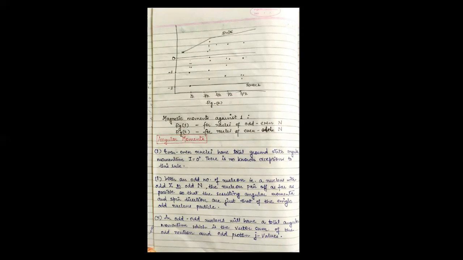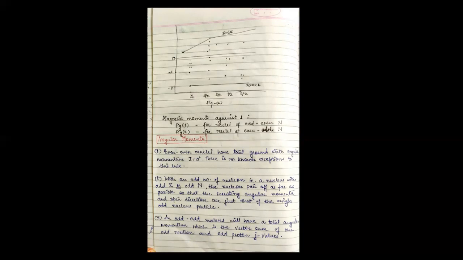Next, the angular momenta. The basic conclusion that we derive for the angular momenta with the help of the shell model is, number one, the even nuclei have total ground state angular momentum I equal to 0, and there are no exceptions to this rule.